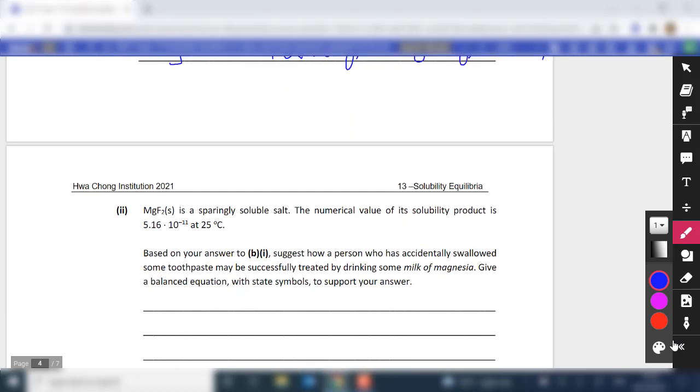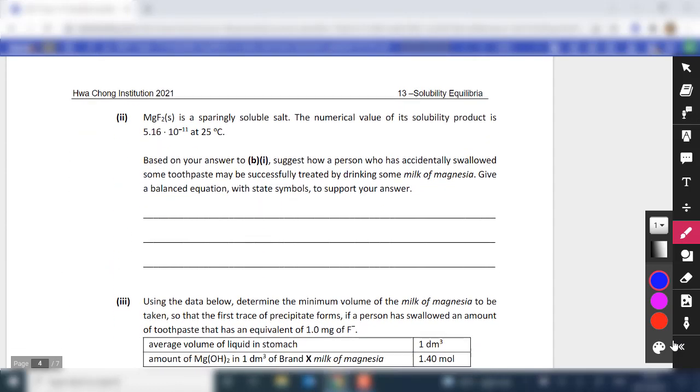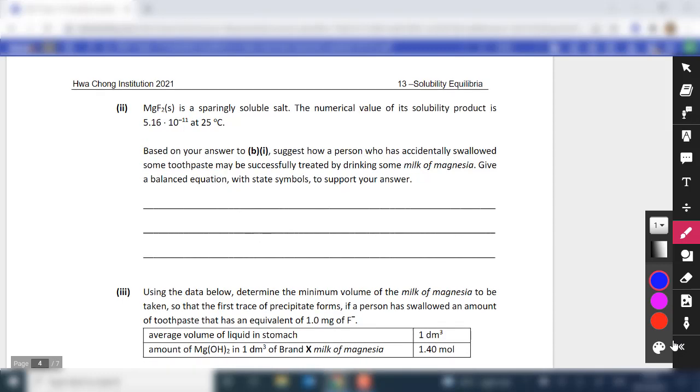Then moving on to the next part, you are told that magnesium fluoride is a sparingly soluble salt. You are given the KSP to be 5.16 times 10 to the power minus 11 at 25 degrees Celsius. So based on your answer to B1, suggest how a person who has accidentally swallowed some toothpaste may be successfully treated by drinking some milk of magnesia.